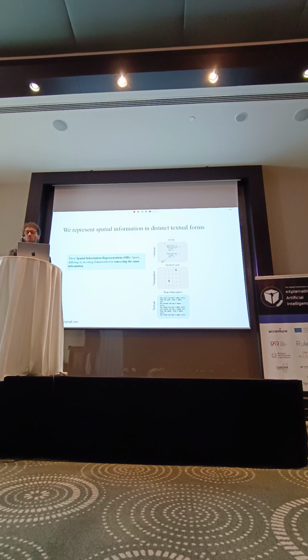Then we also have topographic representations of space, where the layout of the prompt is what conveys information about space. And finally, we have textual representations, where we describe the state of the grid as prose. To make sure the effects are due to encoding frameworks and not just to the superficial formatting of the prompt, we test 2 representations per class.